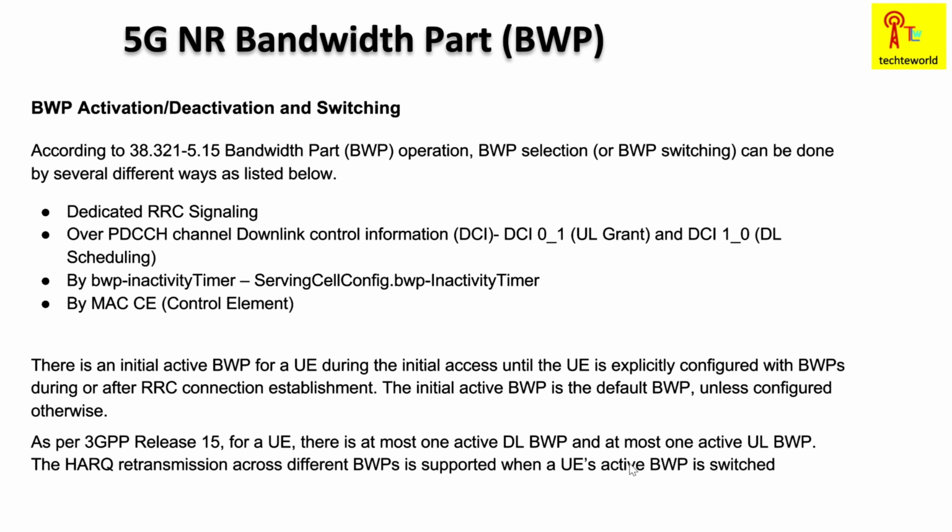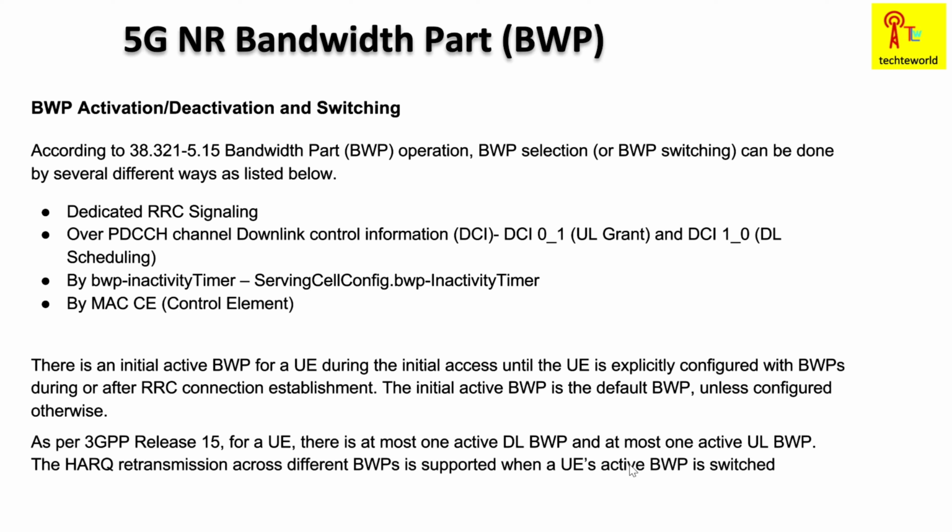The last thing is the concept of activation and deactivation. As I told you, there exists a concept of an active bandwidth part, and out of all the configured bandwidth parts, only one can be active at once. So we can activate a particular bandwidth part and also deactivate it.